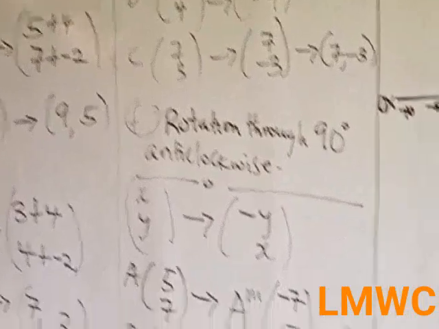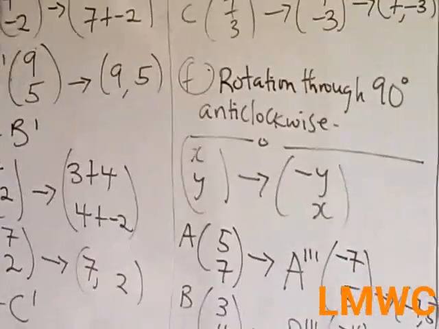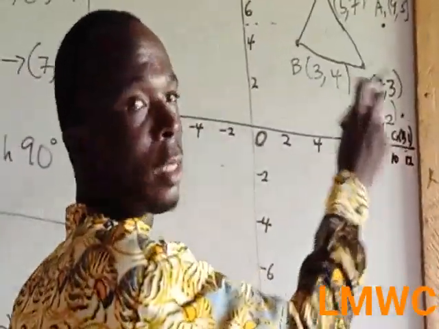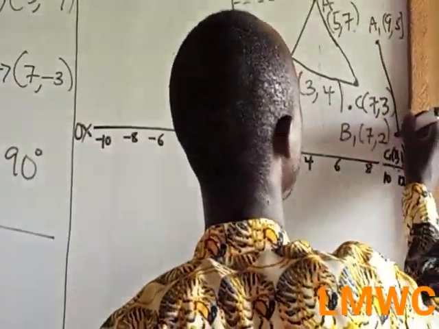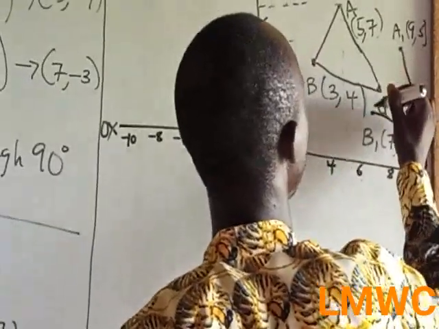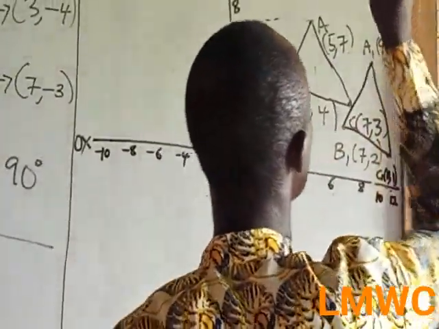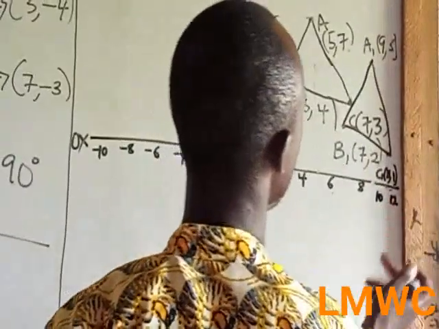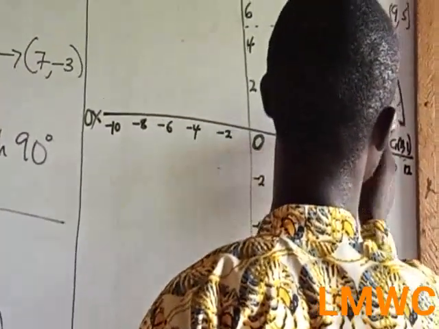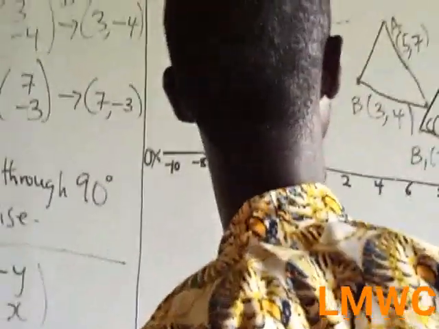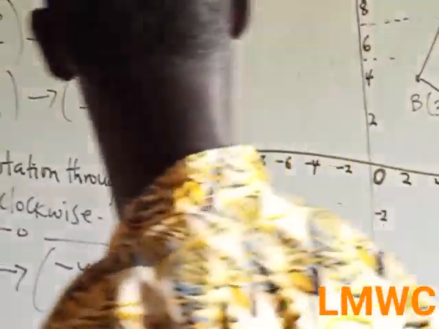But after working it out, we are getting 11. This means I should add 12. And in between the 10 and 12, we have 11. So let's join down our points. So we have something like this. So we have A1, B1, and C1.